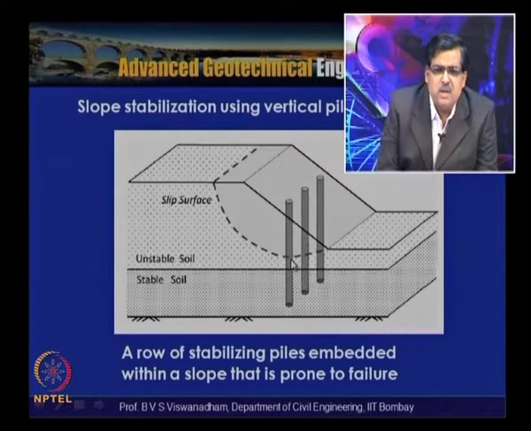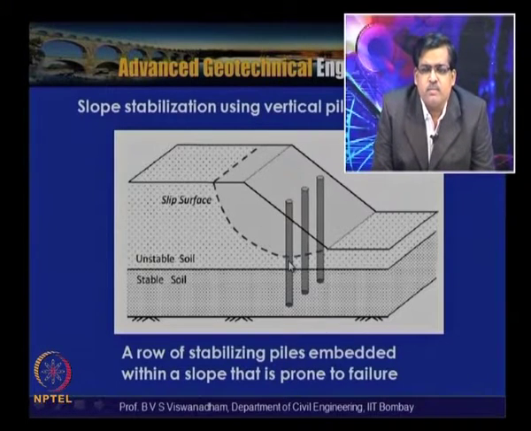This technique works by mobilizing the resisting forces and transferring the forces to the deeper strata. In such situations, where the survivability of retaining structures is questioned, this technique using vertical piles is a viable option.